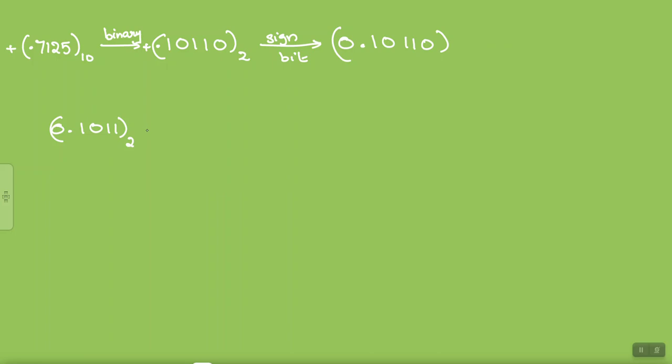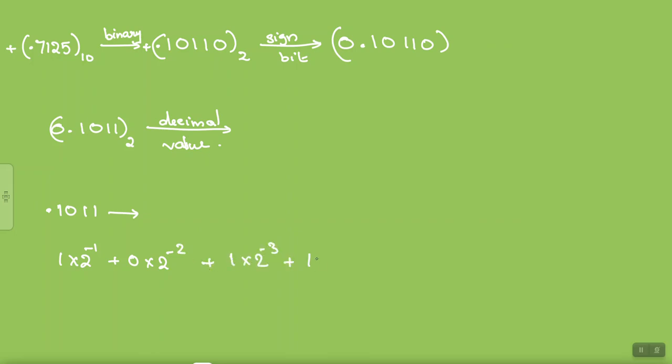I want to convert this back to my decimal value, neglecting my sign bit. 0.1011, that is 1 into 2 power minus 1 plus 0 into 2 power minus 2 plus 1 into 2 power minus 3 plus 1 into 2 power minus 4.